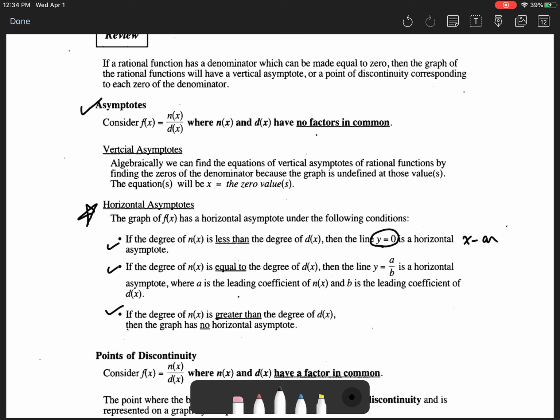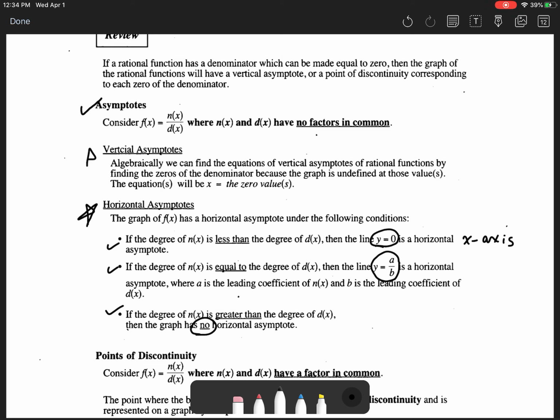Remember, that is the x-axis. If the degree of n of x is equal to the degree of d of x, then we form a fraction using the leading coefficients of the numerator and denominator. And if the degree of n of x is greater than the degree of the denominator, that just means there is no horizontal asymptote at all.